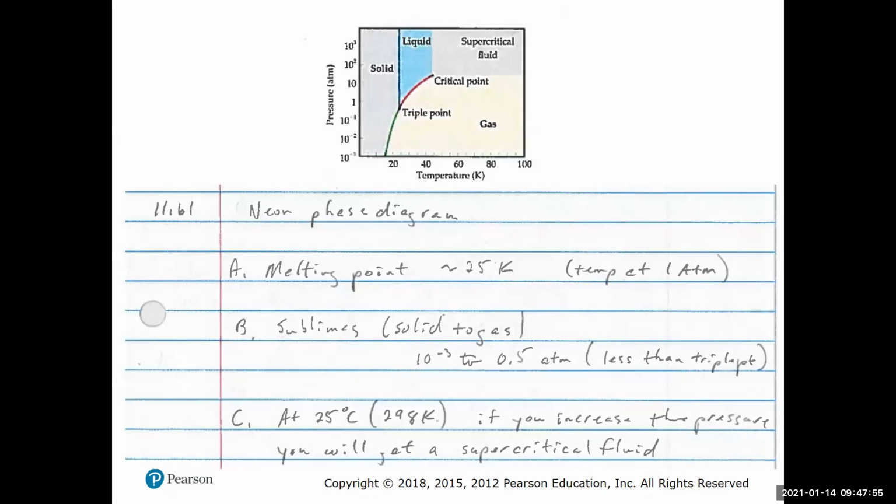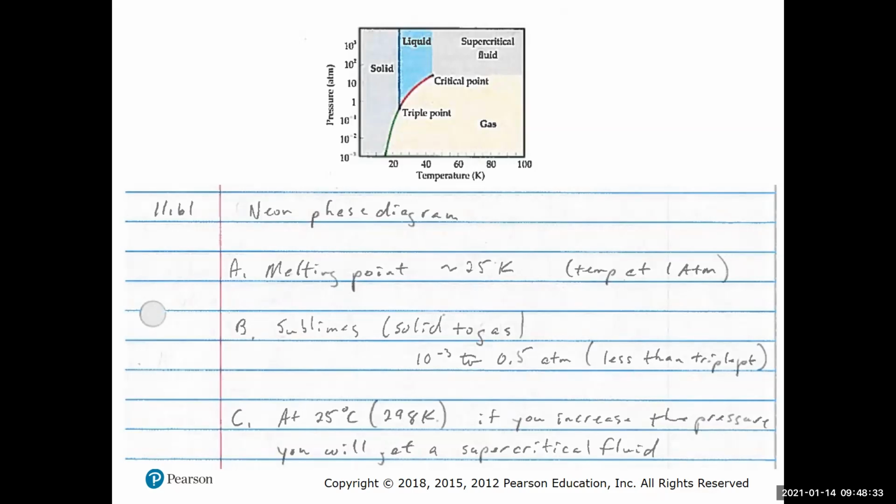So we said 1 atmosphere is roughly atmospheric pressure. If we go over, and this is where the people on Zoom are really missing out on the good part, because I'm looking at the board. At 1 atmosphere, we go over, and we see that's, I don't know, 25 degrees maybe, roughly. This is in Kelvin. So that's how we would pick that out.